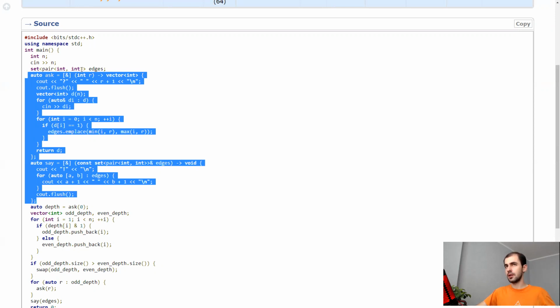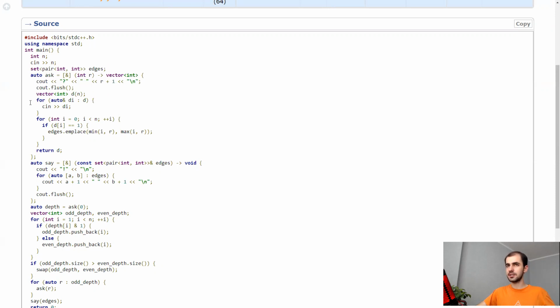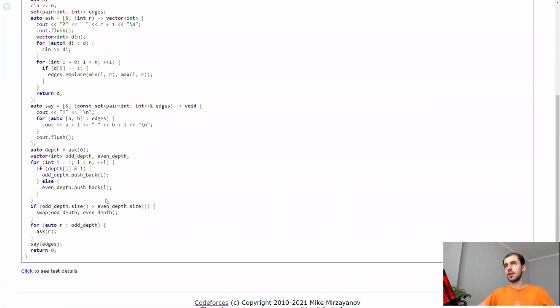Ask will ask a query, do all the cout flushing stuff for me, and potentially do some early exiting if I need that, like crashing the program if I fail to answer some queries. It's really convenient to have it in the wrapper function. And I have a function say that prints the answer, more or less. Again, it does all the cout flushing that we need to do.